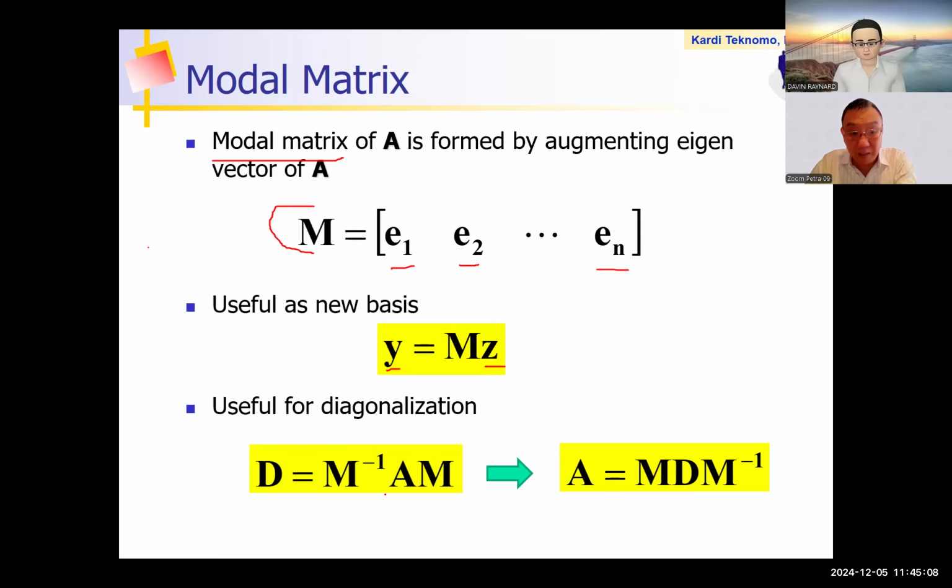That means that matrix A, if I multiply by M inverse and M, I will get a new matrix which is diagonal. From there, of course, I can put it back. So if I know the diagonal matrix, I can multiply with the same modal matrix and the inverse, and I will get back the A.